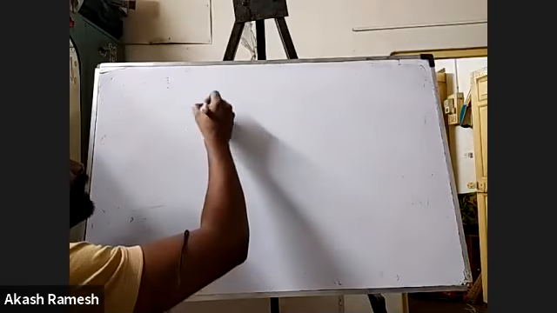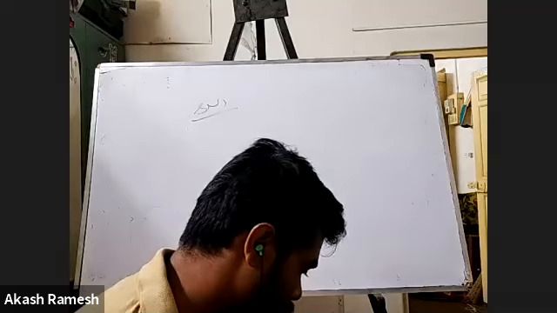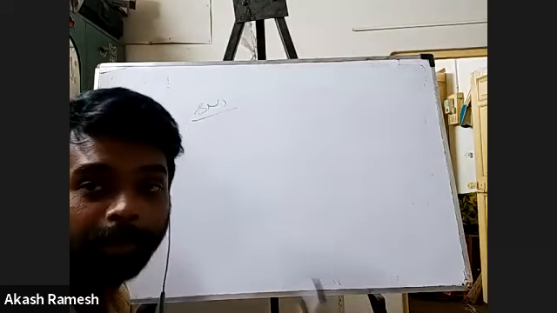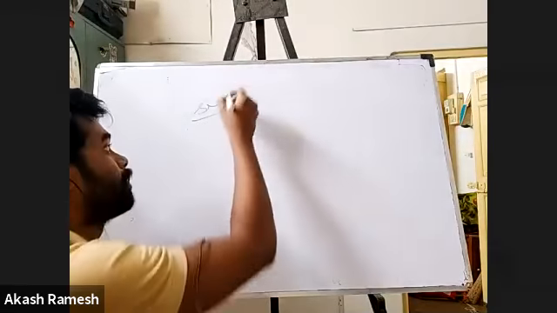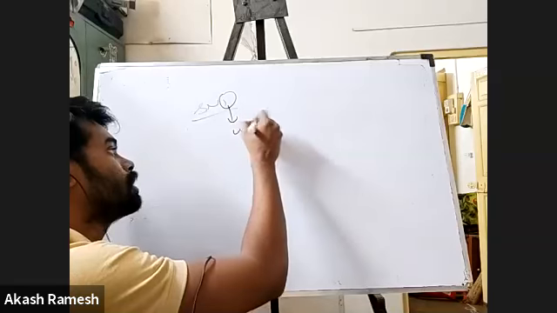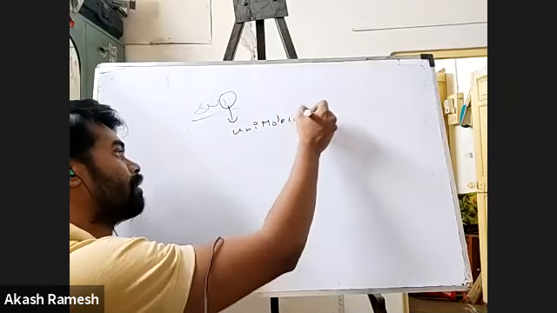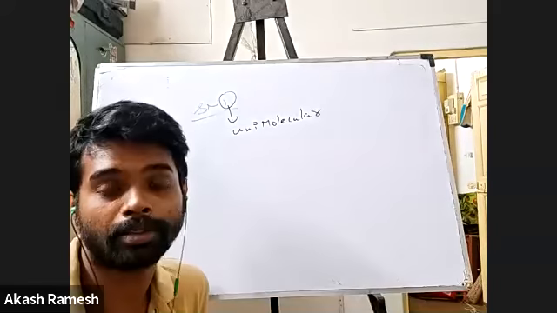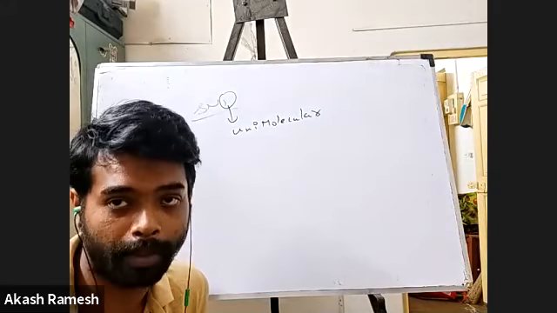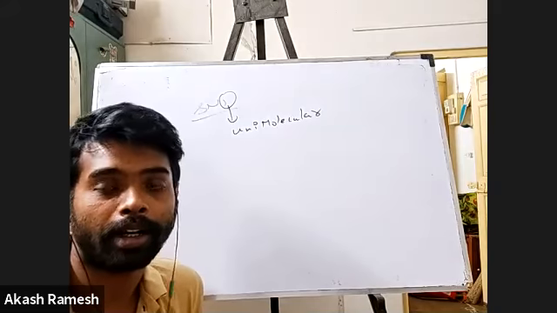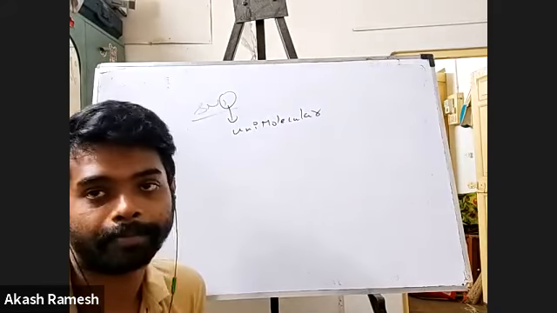Next is the SN1 mechanism. As the name tells you, it is again substitution, nucleophilic, and the 1 represents unimolecular reactions. That means again all are elementary steps, not complex reactions. The order of the reaction is 1.